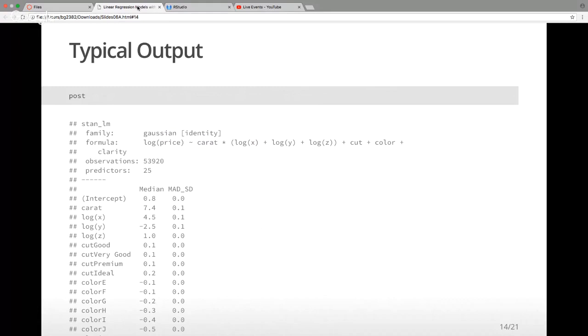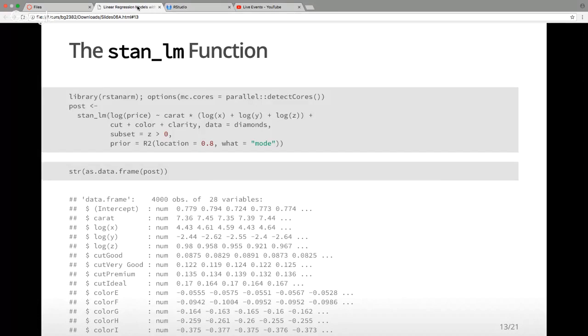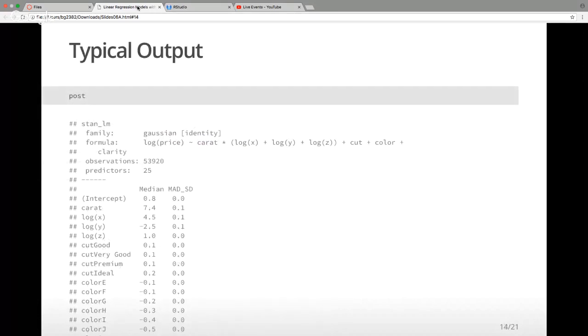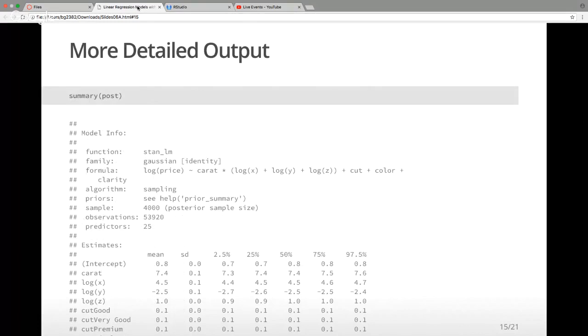And so if you forget that you have all the original draws, you might think that these point estimates are the ultimate output, but these are just one way of summarizing the output by saying what your posterior medians are, the medians of your belief after seeing the data. But you could also do posterior means or any other function of the 4,000 draws that you obtain. You can get a little bit more information by doing summary rather than print.